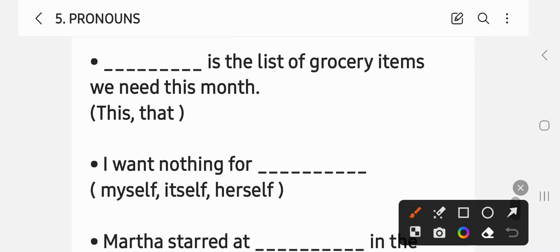Dash is the list of grocery items we need this month. This or that? The correct answer is this. I want nothing for dash. Myself, itself, herself. The correct answer is myself.